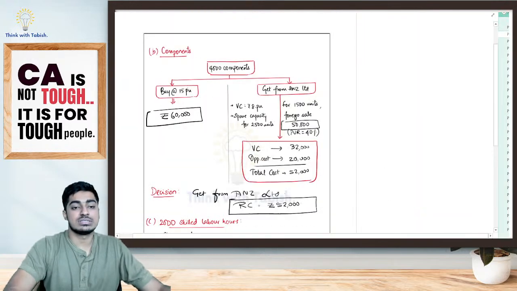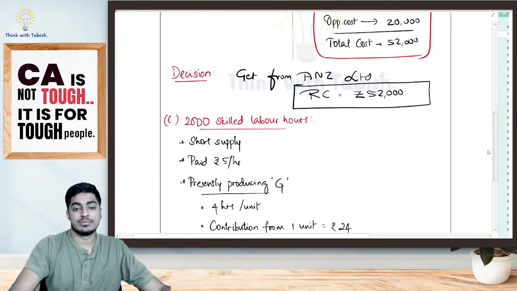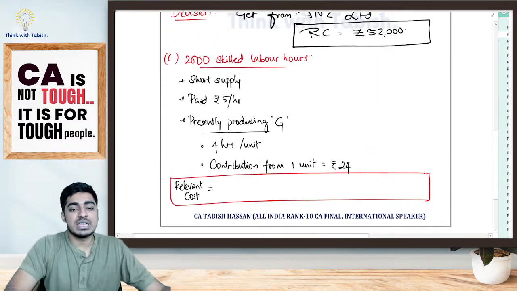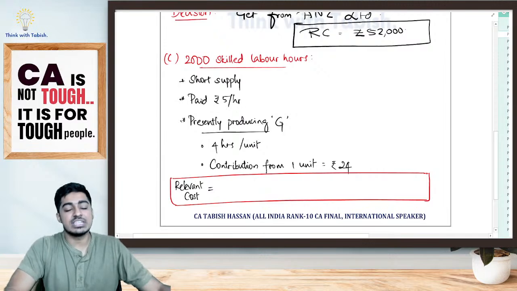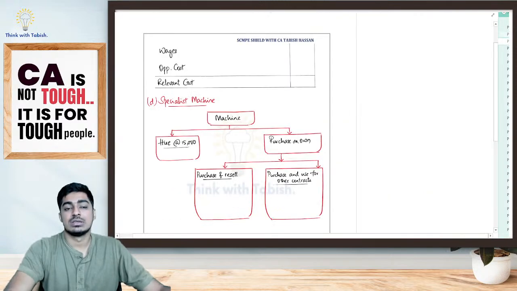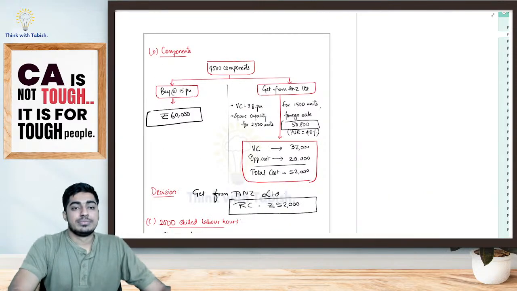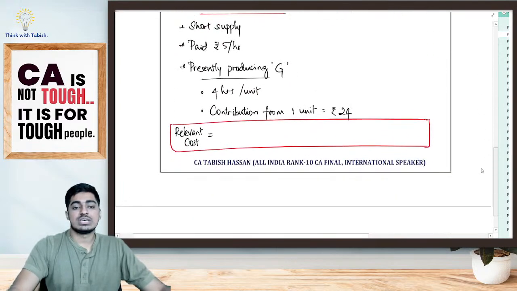Yes, so look at this. It is in short supply. We are paying 5 rupees per hour. At present, they are producing G at 4 hours per unit, and the contribution from 1 unit is going to be 24 rupees. What is the relevant cost, students?